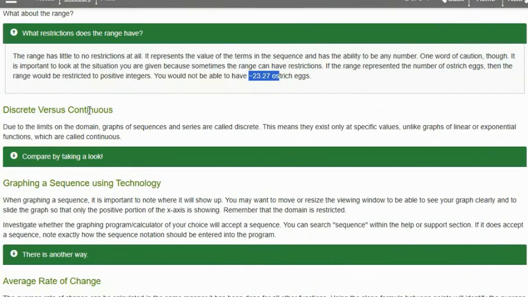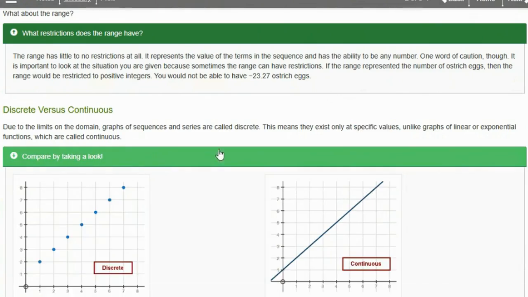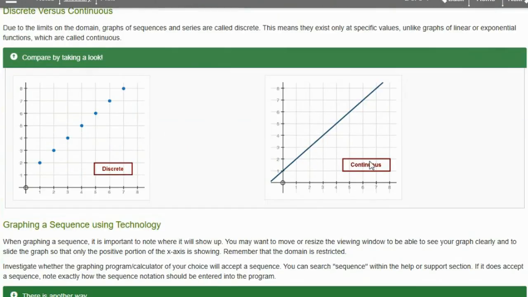Discrete versus continuous. Due to the limits of the domain, graphs of sequences and series are discrete, which means they are not connected. It's just the points. They exist only at specific values. It's not like a continuous linear function. If you have a continuous graph, everything's connected with a line, which means every point on that line exists for the problem.